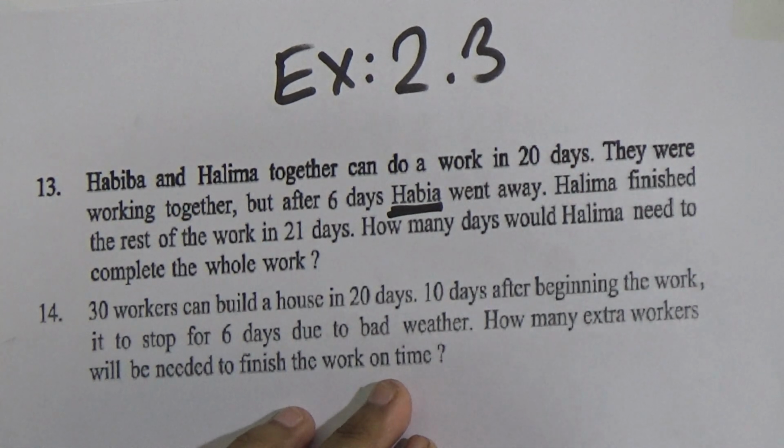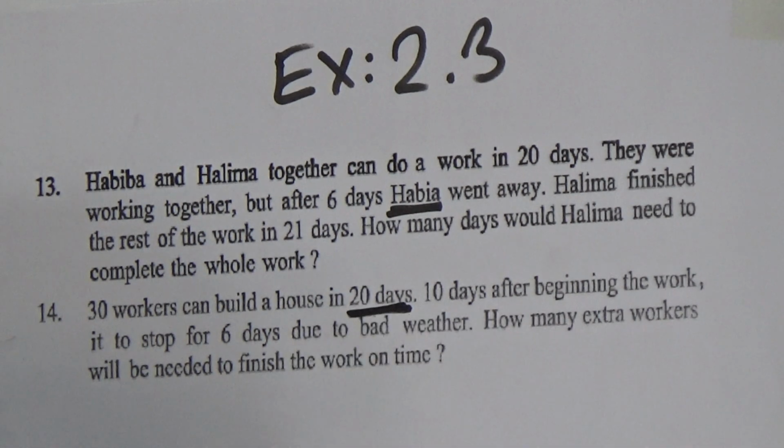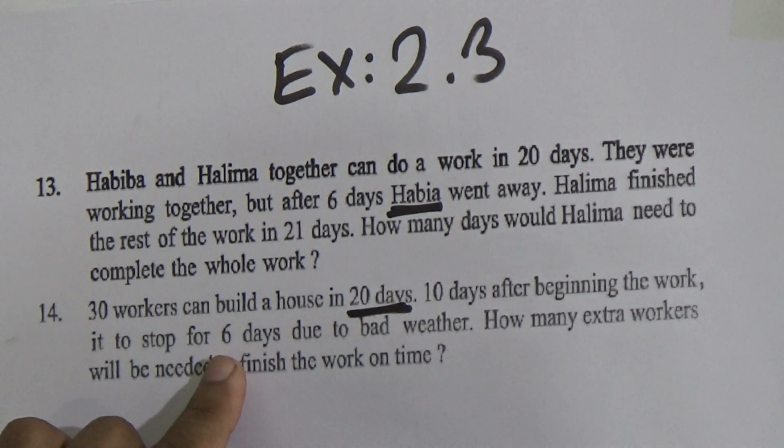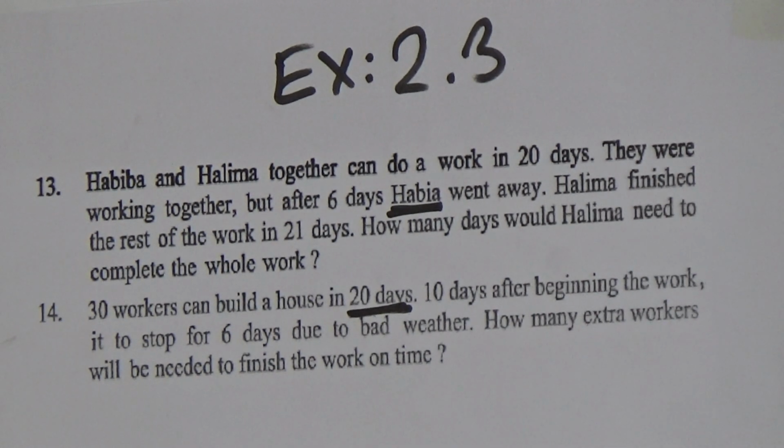That means we need to finish that work in 20 days. In totally 20 days we need to finish that work. But my dear students, for 6 days the work was stopped for the bad weather. So what is the remaining days and what is the remaining work? We need to find out at first.